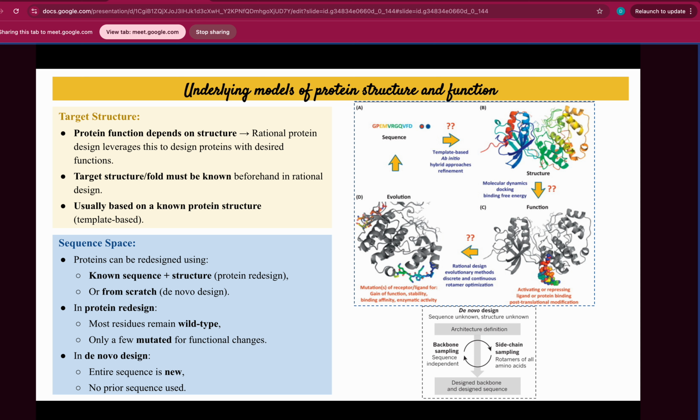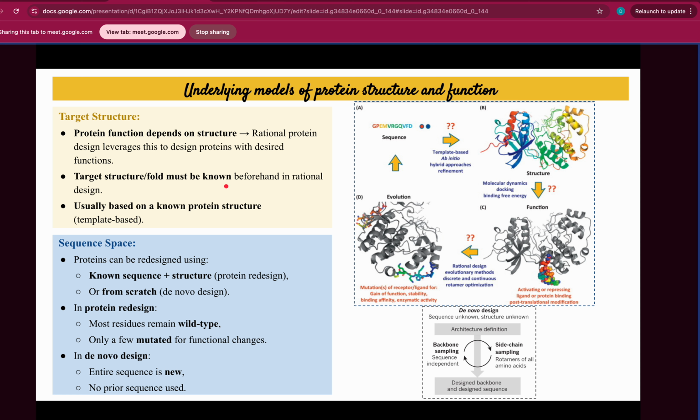So keeping this hypothesis in mind, what a scientist does is think that if a particular protein has this significant structure and it performs certain function, then we try to make changes in a protein in such a way that it also adopts that particular structure, so that functions can be reproduced.